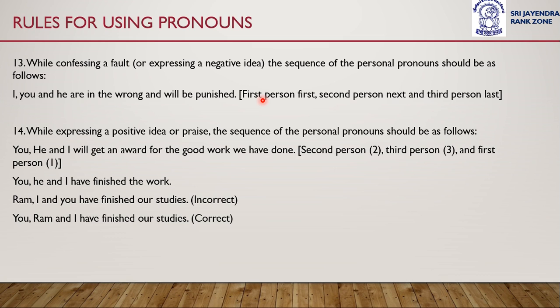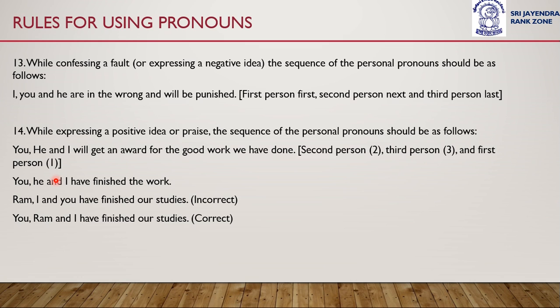Why is this done? Because we have to express a positive idea or praise. Alright, so the first person would come at the end. Another example can be: you, he, and I have finished the work. Okay, here as well you can see you is the second person, he is the third person, and I is the first person. Alright.